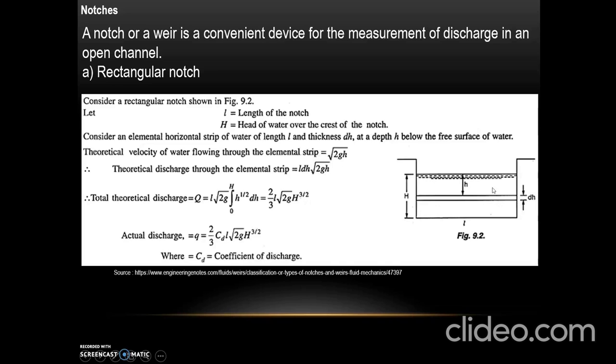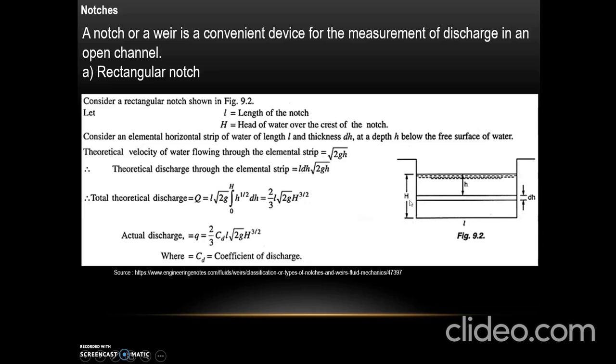Now we have found out the theoretical discharge for only this elemental strip. If we want to find out the total theoretical discharge, we need to integrate from 0 to H. So, total theoretical discharge is equal to Q, which is equal to the integration of this whole term. Here L and root 2g are constant, so they are taken out, which are not varying.